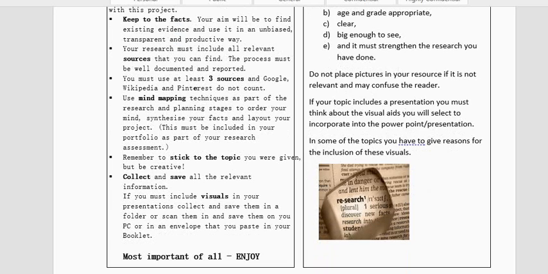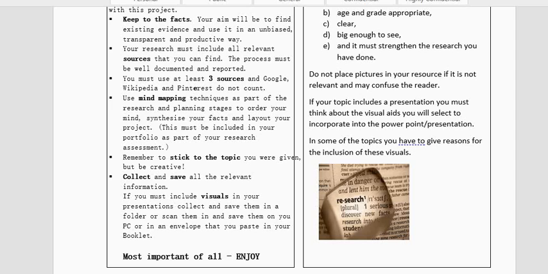Use mind mapping techniques as part of the research, and I cannot stress this enough. This is part and parcel of the research rubrics as well. We are going to give them marks for this. Mind mapping is extremely important because it will help them to see the bigger picture in the end. It will help them to determine what is relevant, what can be used, what can be left out.